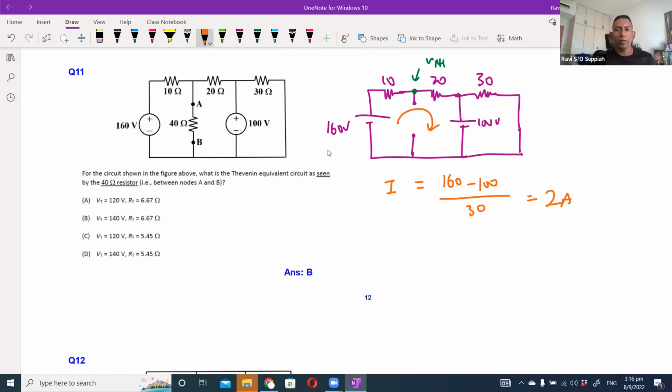If 2 ampere is flowing in this loop, then 2 times 10 means there's a 20-volt drop here. So if there's a 20-volt drop across the 10-ohm resistor, then VTH will be 160 minus 20, which will be 140 volts.